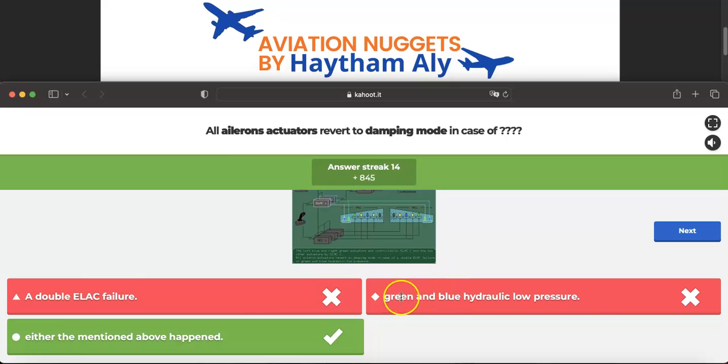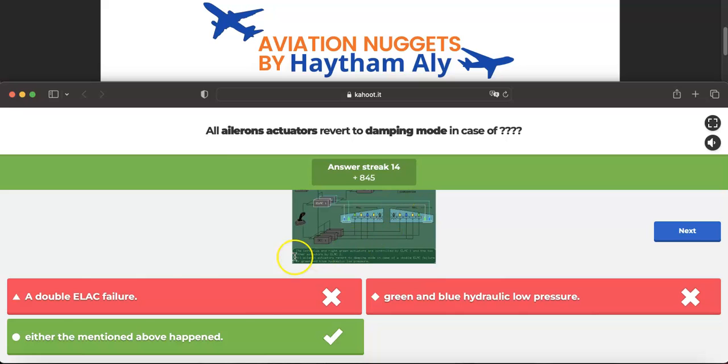Also, in case of green and blue hydraulic low pressure, green system fail, blue system fail, you can see the right aileron and the left aileron are operated by two actuators each, one by the green and one by the blue. So in case of a green and blue hydraulic low pressure, the aileron actuator will revert to damping mode, and the roll function will be done by the roll spoilers.